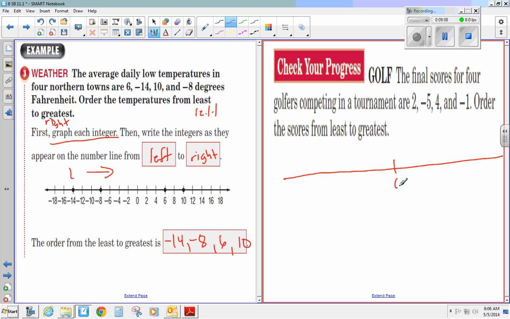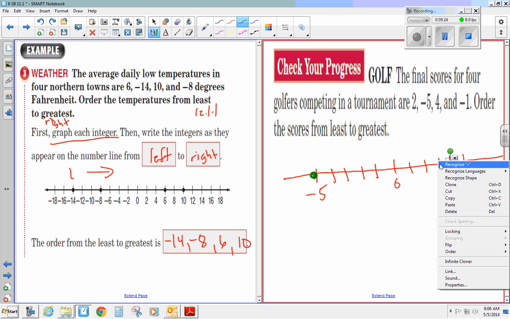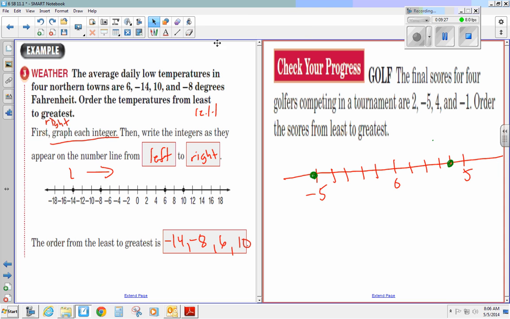Let's make our own here. 0, 1, 2, 3, 4, 5. 0, 1, 2, 3, 4, negative 5. Put these on a number line. Negative 5, 4, 2, and negative 1.